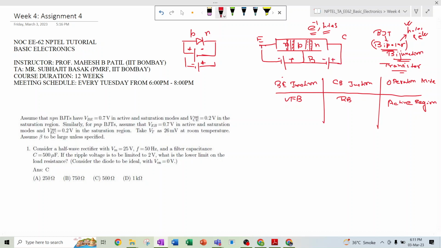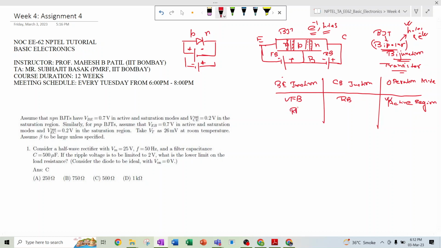So when we apply this bias condition, that is base emitter forward bias and base collector reverse bias, then this NPN BJT works in the active region, right?